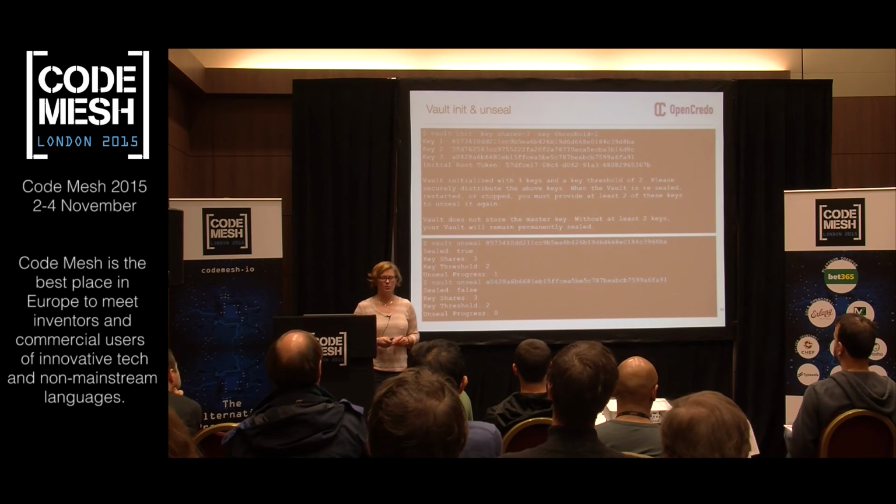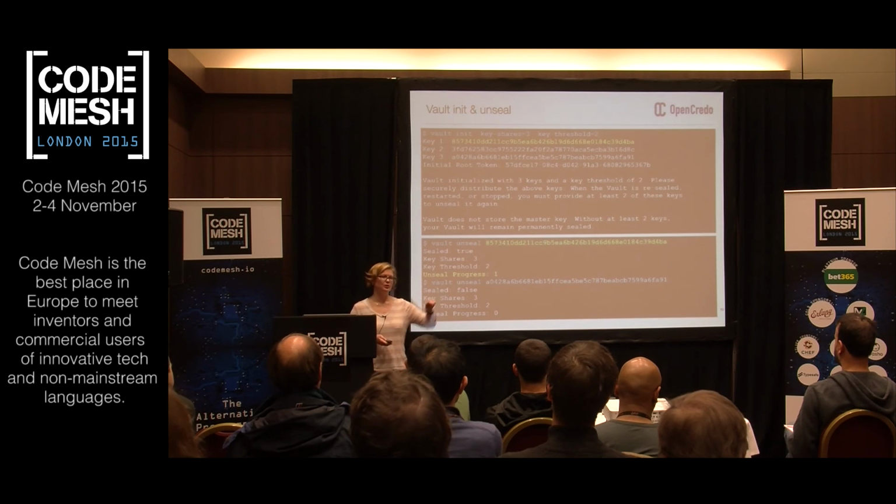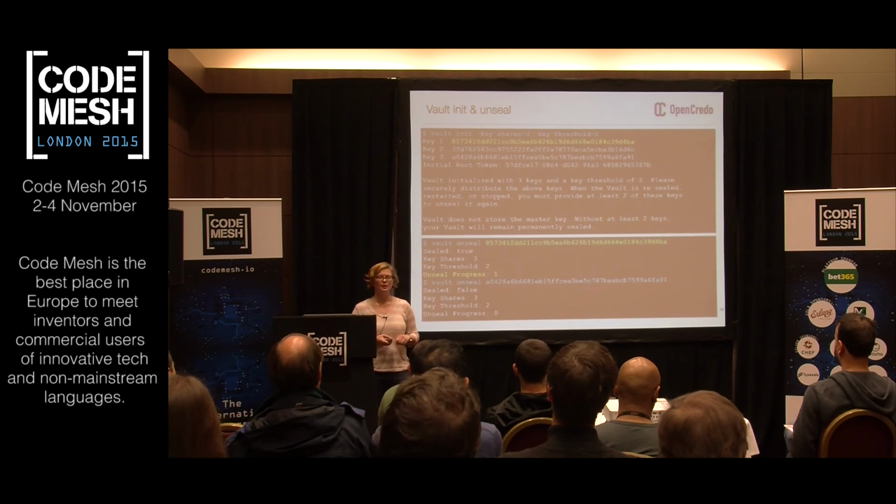Technically, it's an algorithm called Shamir's secret sharing, and in the event of a disaster, you can seal the whole vault and close it down as well. So here's an example of the turning of the first key, so to speak. When Vault is initialized, we've said, these are 3 possible keys that you can unlock me with.